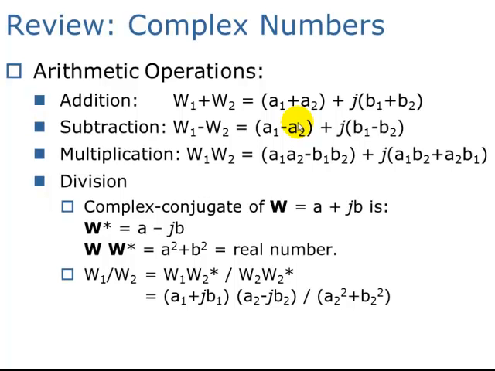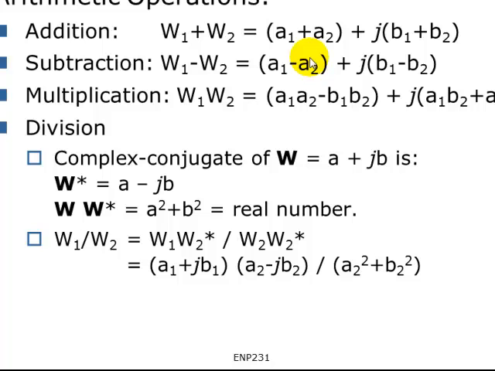For division, we have to do a little trick. So let's define the complex conjugate of W. We use W star or asterisk. And so if W is A plus jB, then the complex conjugate is A minus jB. So it has the opposite sign for the imaginary part.